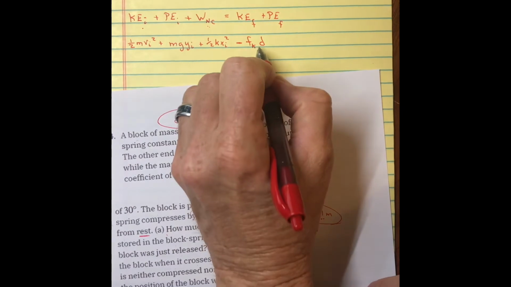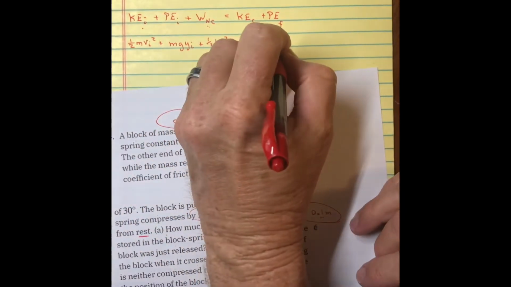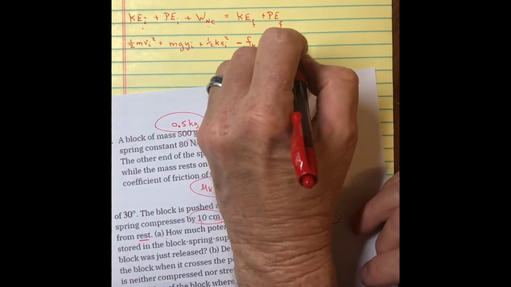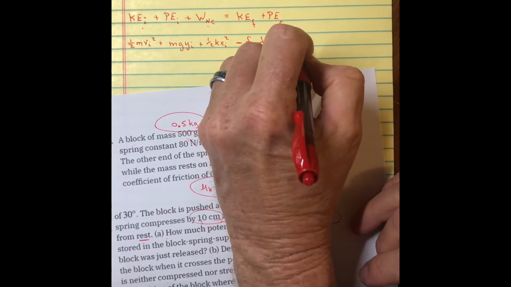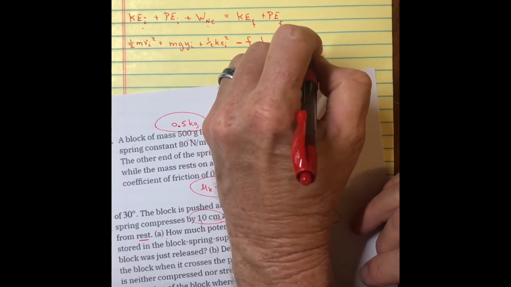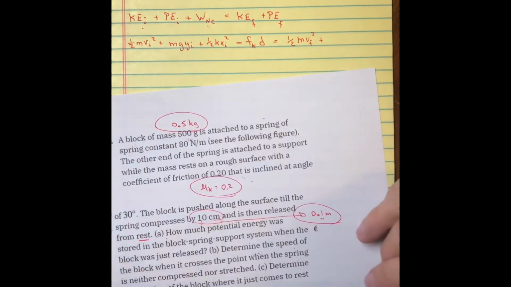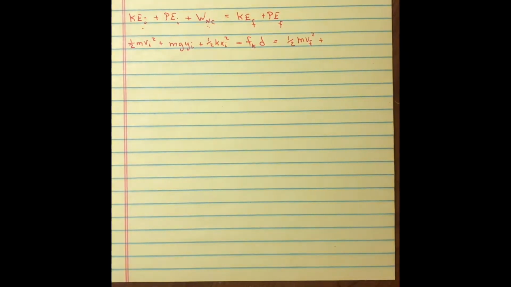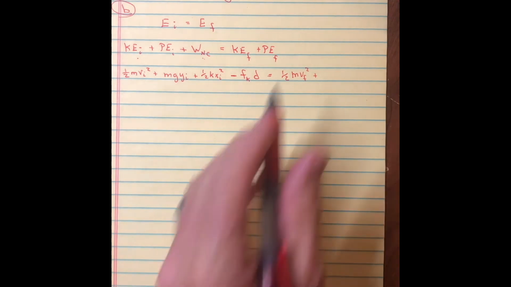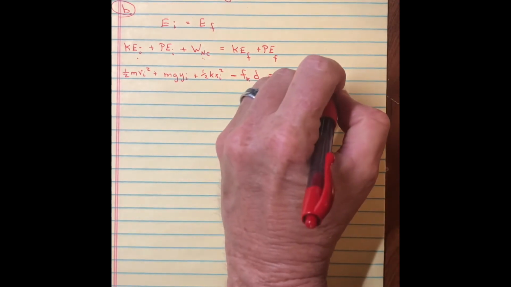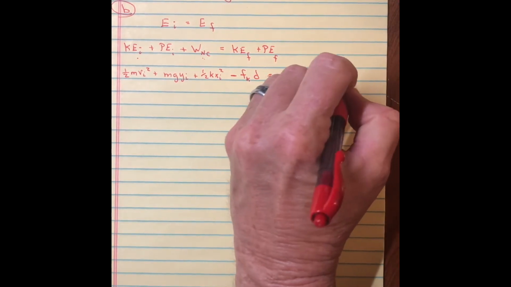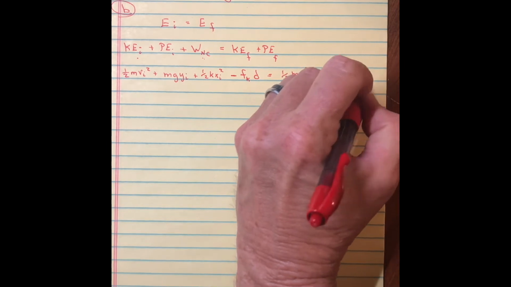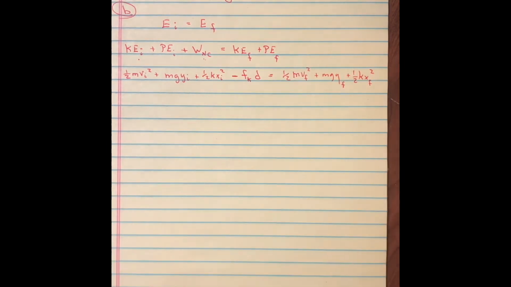So we're going to have to talk a lot about that. And then, of course, the final kinetic energy would be 1/2 mv final squared. And the final potential energies would be one from its gravitational height and one from the final position of the spring.